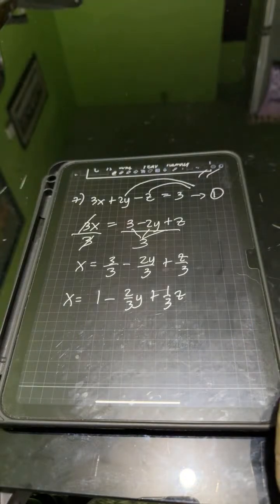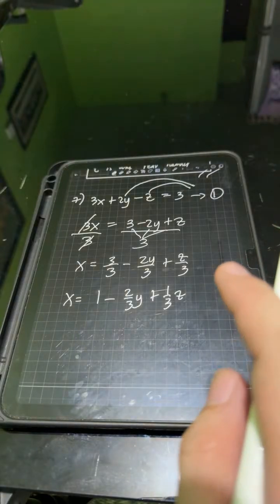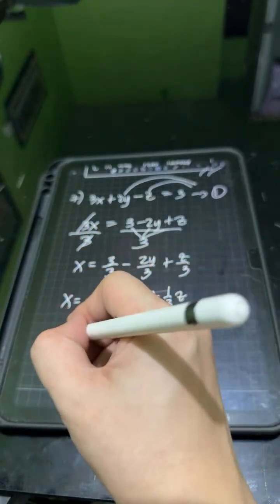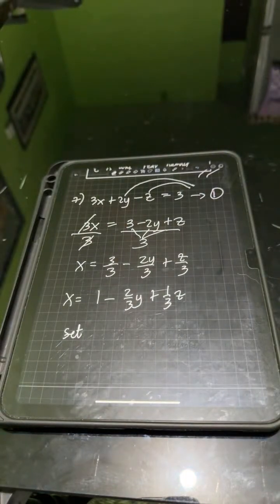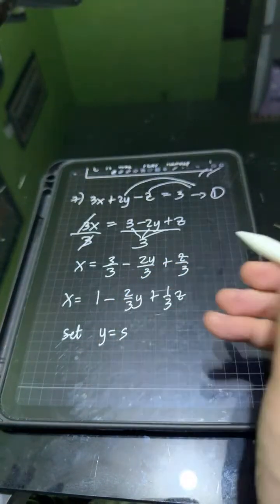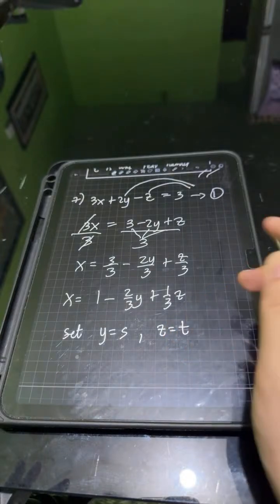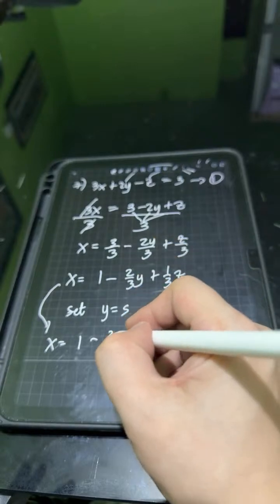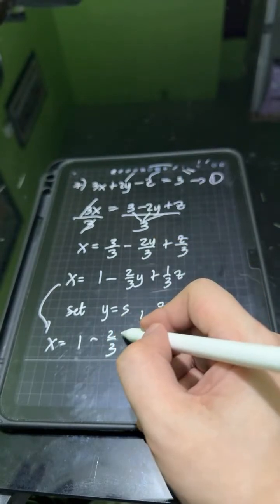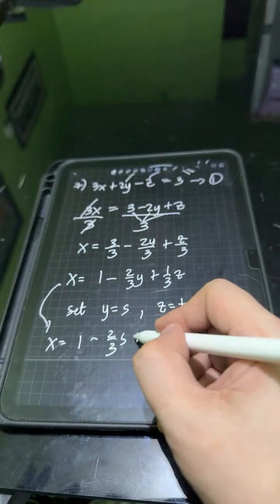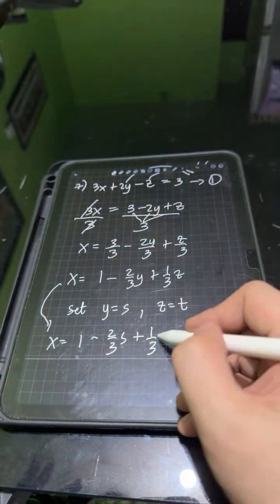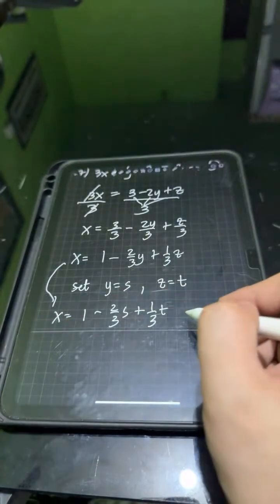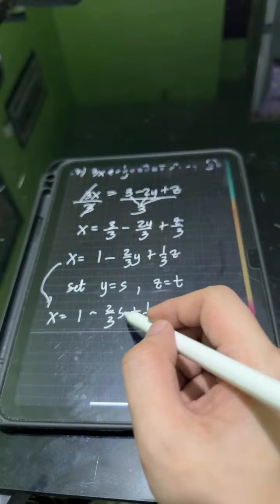This time, we can set two parameters. So, if we set, let's say, y is equal to s and z equal to t, therefore, x is 1 minus 2 thirds y, which you can now substitute as s, plus 1 third z, which you can now substitute as t. So this is the value of x in terms of the parameters s and t.